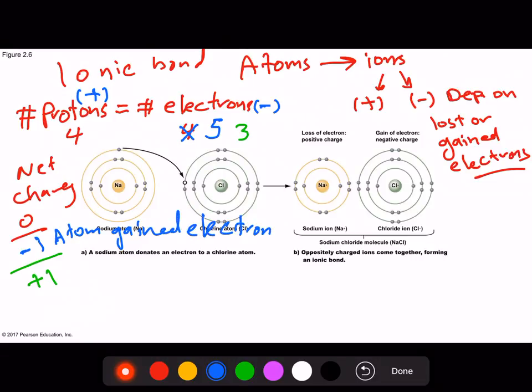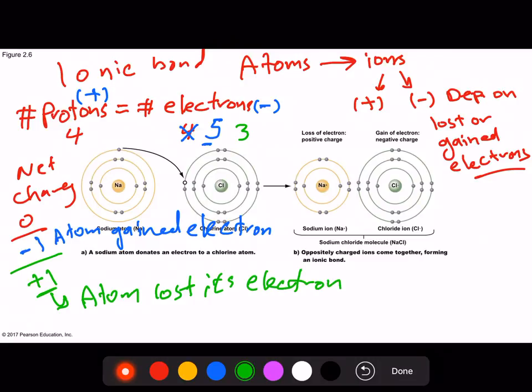It means it's gained an extra negative charge. This is an atom that lost its electron, or one of its electrons. So it will have more protons in this case, and then the charge would be +1.